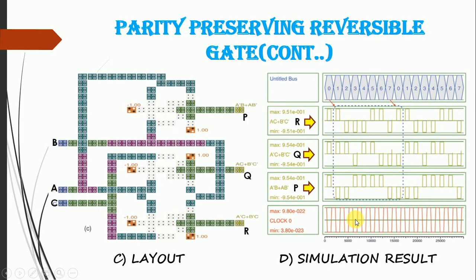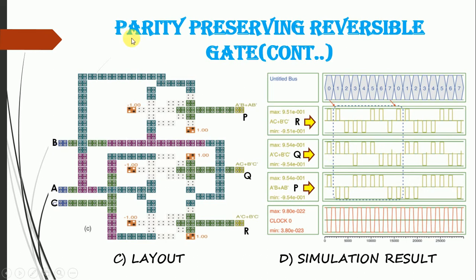Then its layout can be seen like this, and its simulation results are shown here. As you can see, the outputs are obtained after 1 clock cycle, that is after 4 clock phases. That is an important characteristic of PPRG.